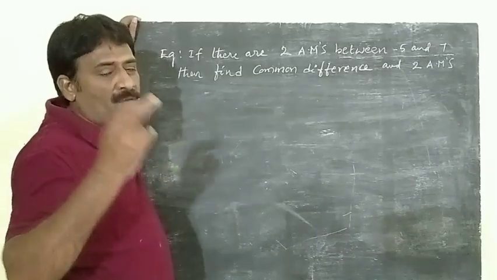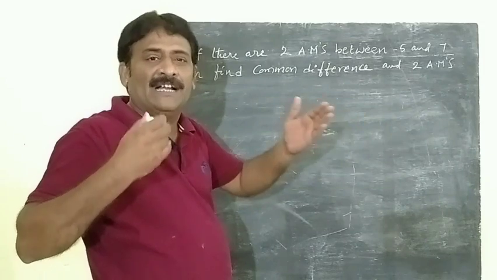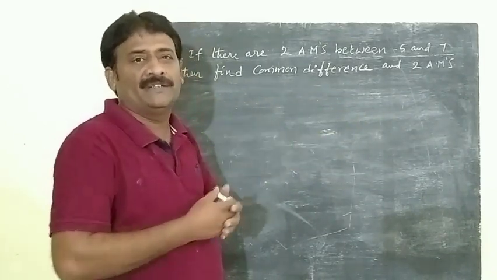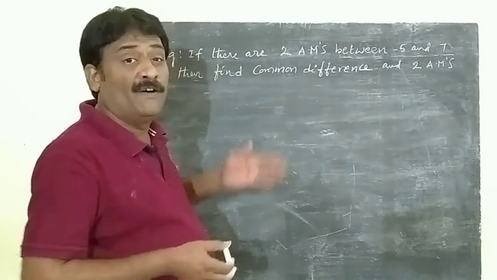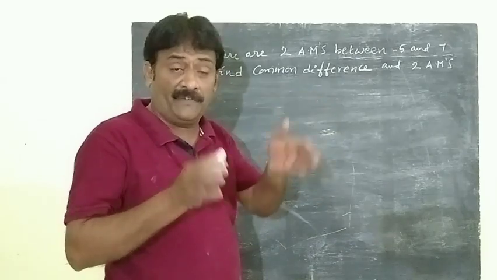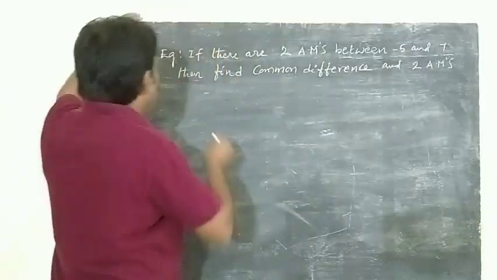Here consecutive terms are not given. If consecutive terms are given, then we find the common difference easily, T2 minus T1. But first term and last term are given. In between, how many AMs are there? 2 AMs are there.